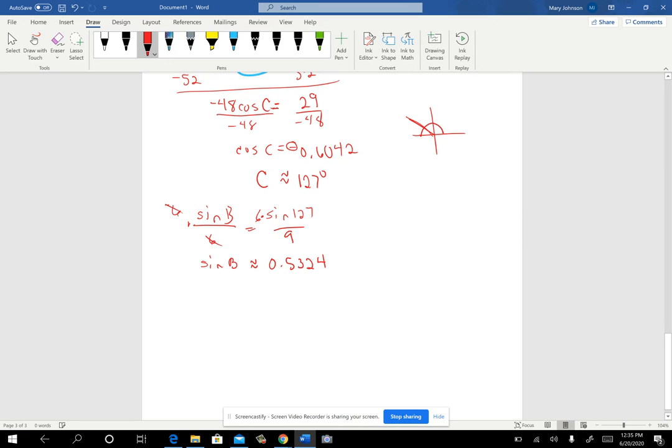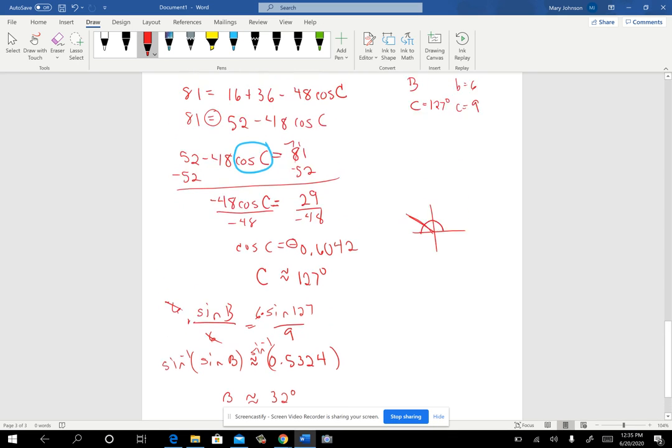And then do the inverse sine of 0.5324. And so I get that B is about 32 degrees. Now, don't forget what I did was sine inverse on this side, sine inverse here, and that's where that 32 degrees came from. All right, so now I know that.